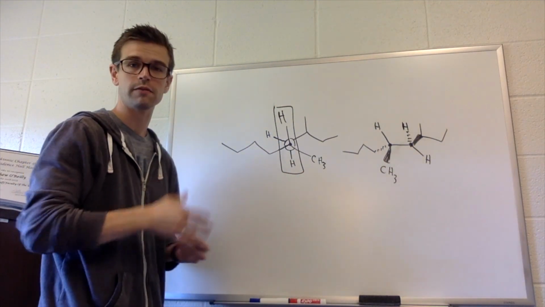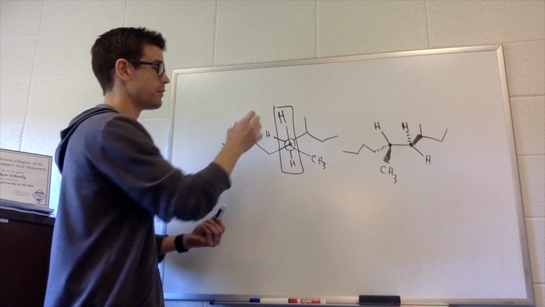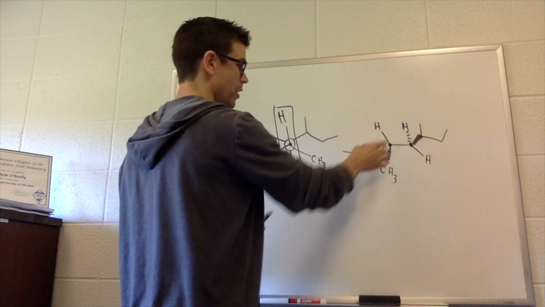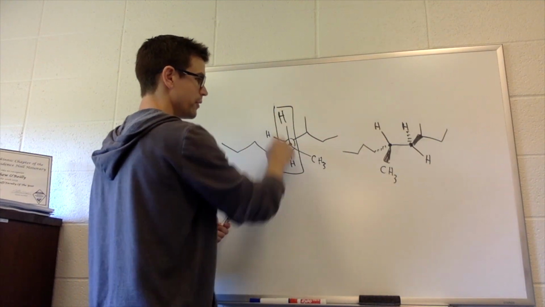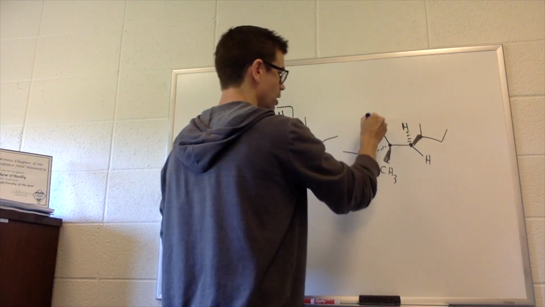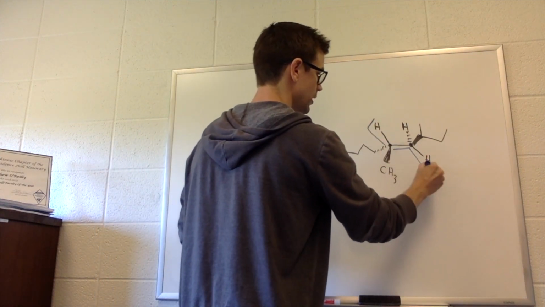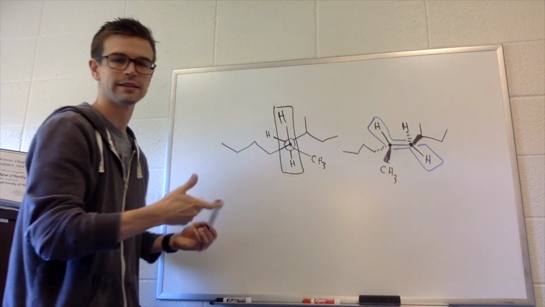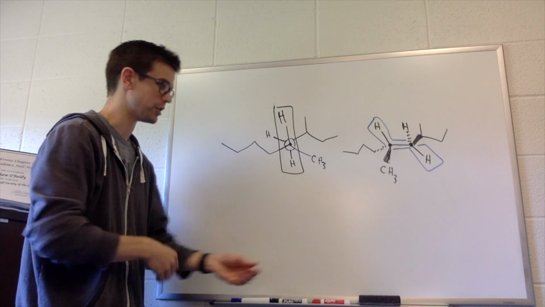So that's how I convert from Newman projection to skeletal. I kind of take what is in the plane and put that all in the plane. So everything that I put in this square here, all of that stuff, this square is all of this stuff right here. So that's kind of how I do that conversion.